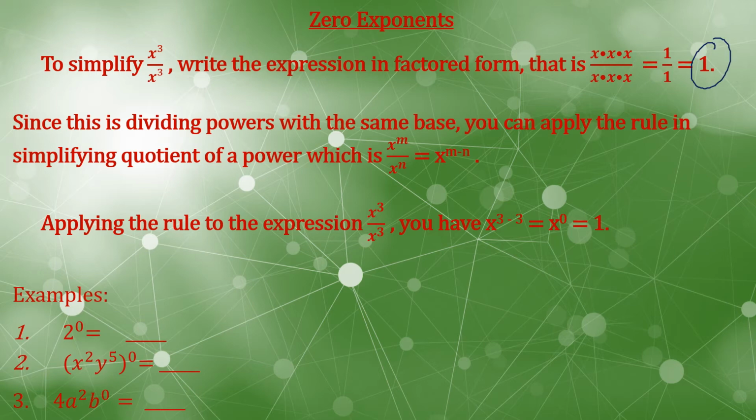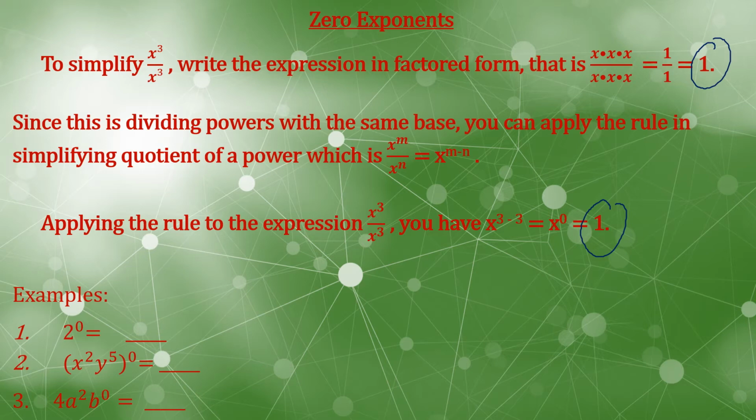Since this is dividing powers with the same base, you can apply the rule in simplifying quotient of a power, which is x raised to m over x raised to n, and that will be x raised to m minus n. So applying the rule to the expression x cubed over x cubed, you have x raised to 3 minus 3, and that will be x raised to 0, which is equivalent to 1.